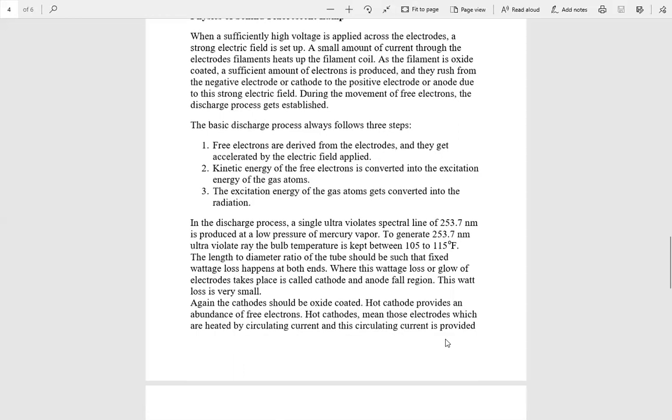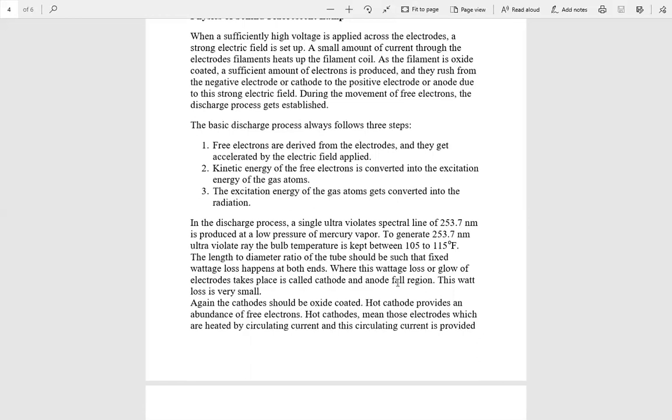The basic discharge process always follows 3 steps. Free electrons are derived from the electrodes and they get accelerated by the electric field applied. Kinetic energy of the free electrons is converted into the excitation energy of the gas atoms. The excitation energy of the gas atoms gets converted into radiation.